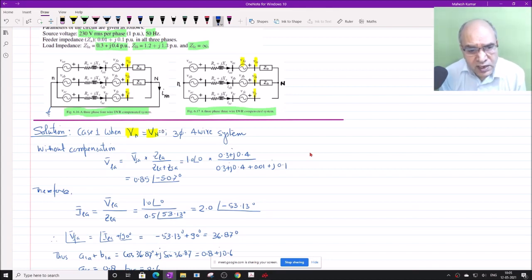Then the calculation for VLA becomes very easy. You can find ILA first, then VLA, or you can simply find VLA directly, because this is actually the voltage divided across two impedances, ZLA and ZSA. So the voltage across the load will be VSA into ZLA by ZLA plus ZSA.